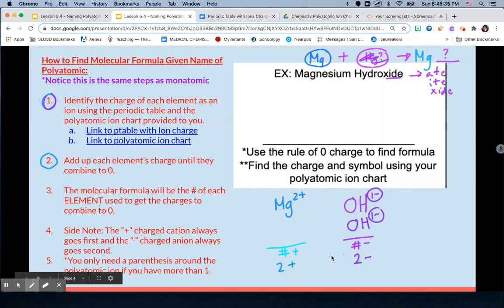Now that they're opposites, they're going to automatically add up to 0. So to find the formula, I need to figure out how many of each element or ion I use to get to that 0. So here I only used 1 Mg, right?